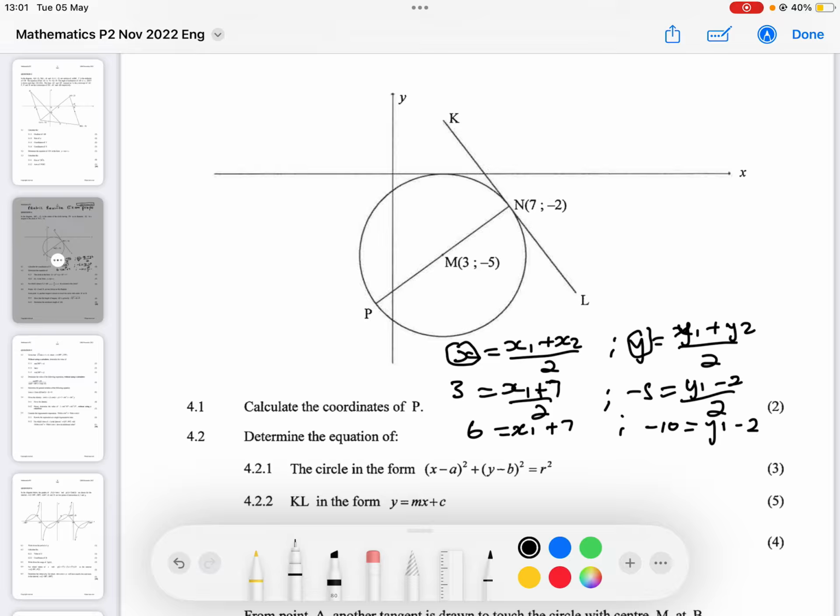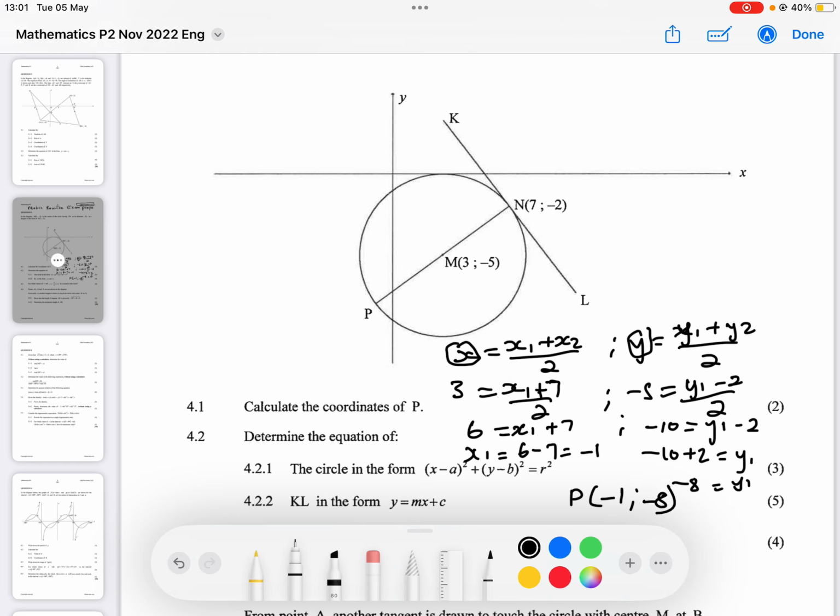So x1 equals 6 minus 7, the answer will be minus 1. I transpose there: minus 10 plus 2 equals y1, meaning y1 will be minus 8. So the coordinates of P will be x is minus 1 and y is minus 8.